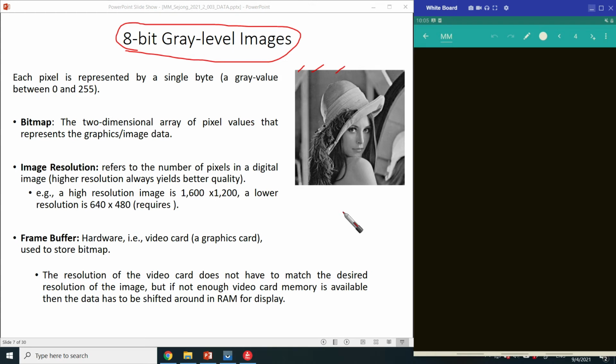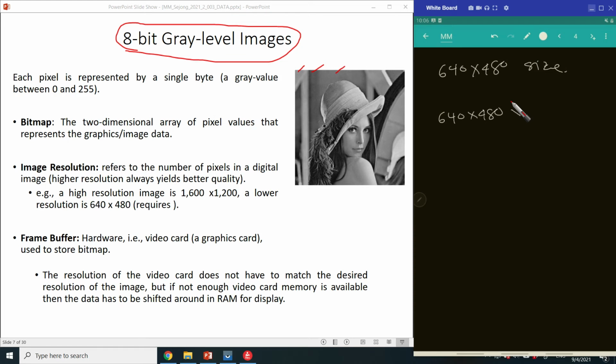Now, remember the image size that we started with, one example is a 640 by 480 image. So this is an image size. If we have an 8-bit gray level image, what is the storage requirement for that? Definitely 640 multiplied by 480, this number of pixels.